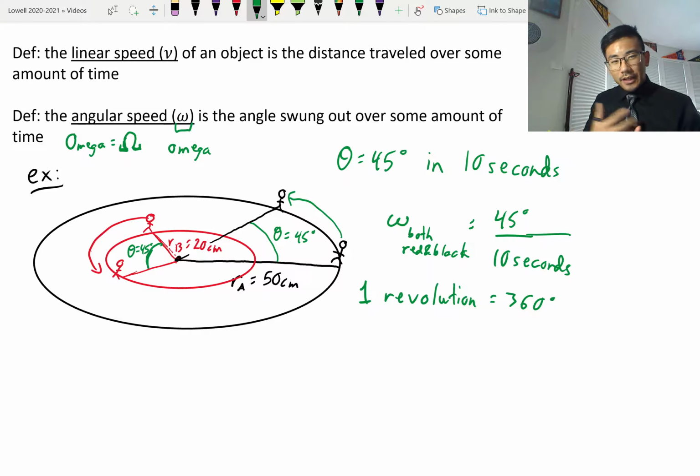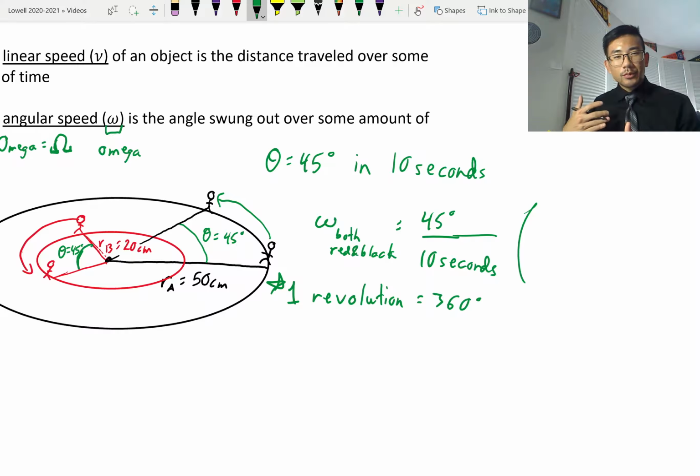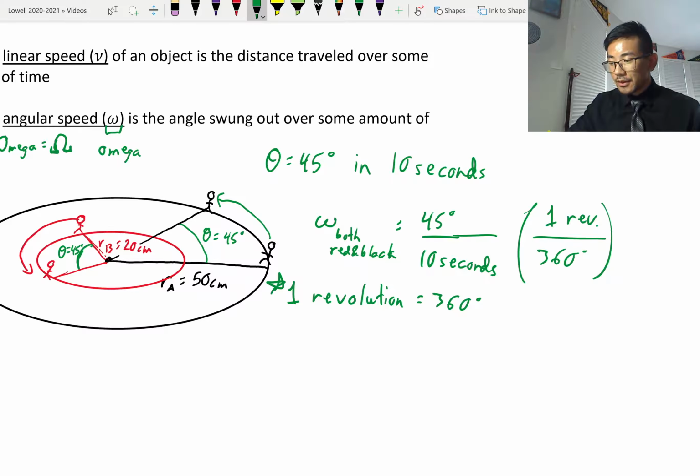We can keep this in mind as we do our unit converting. So there's 45 degrees. If I want to get rid of degrees and end up with revolutions, doing a little dimensional analysis, I'm going to multiply by 1 revolution over 360 degrees. Now we can see how our degrees will undo each other.